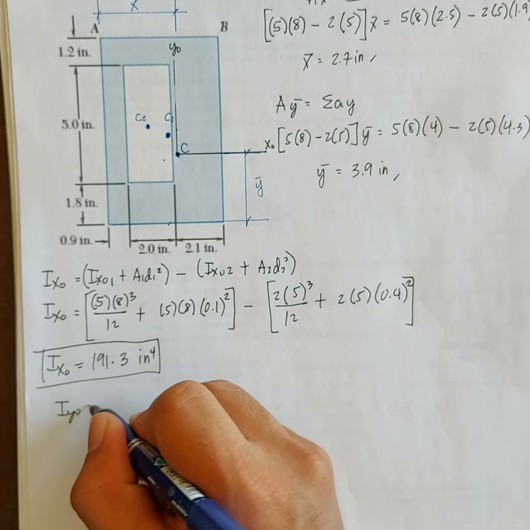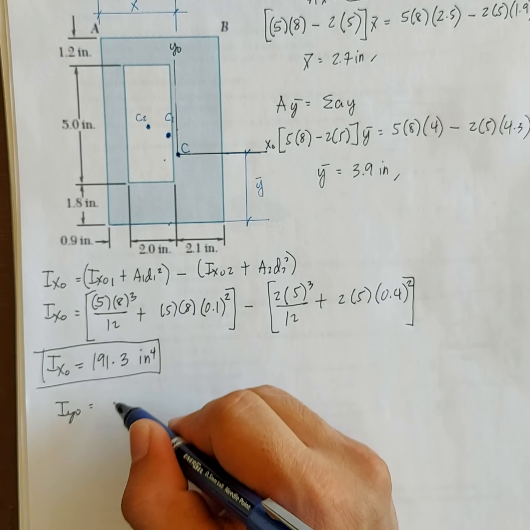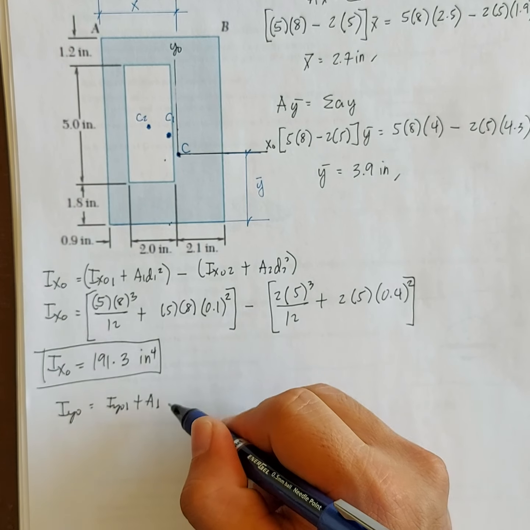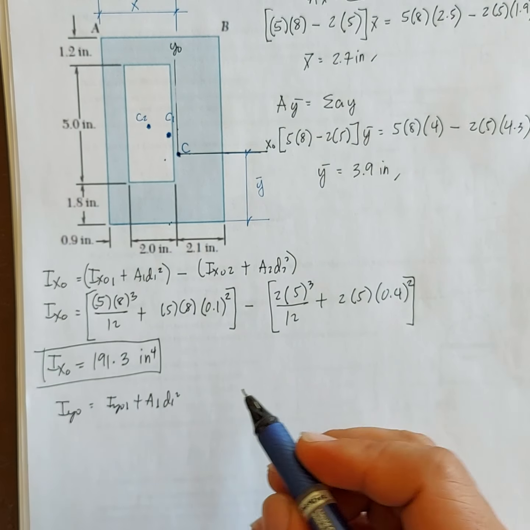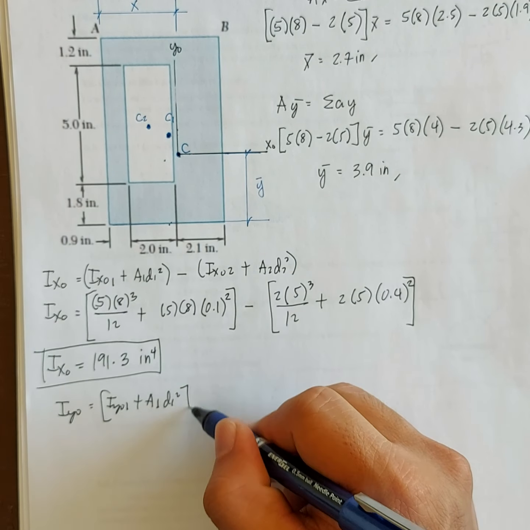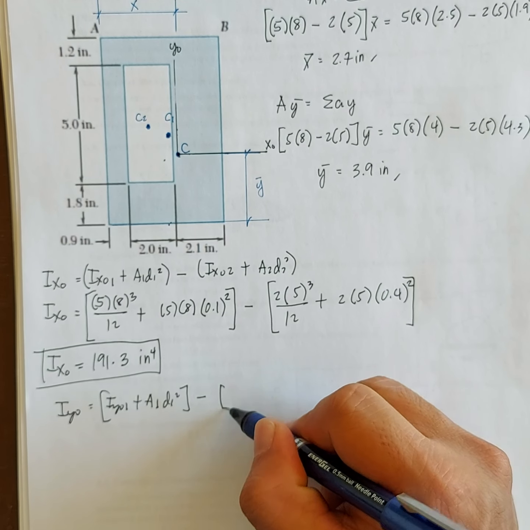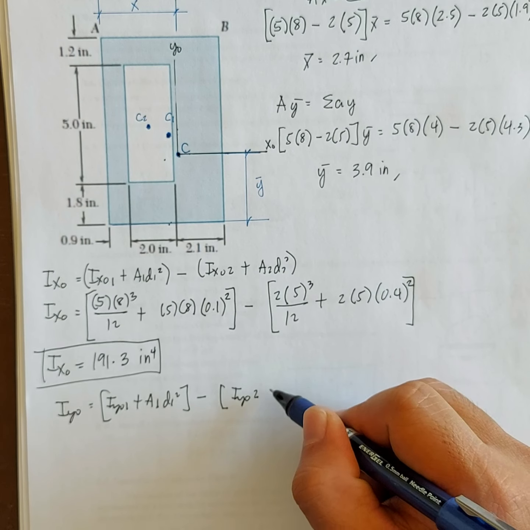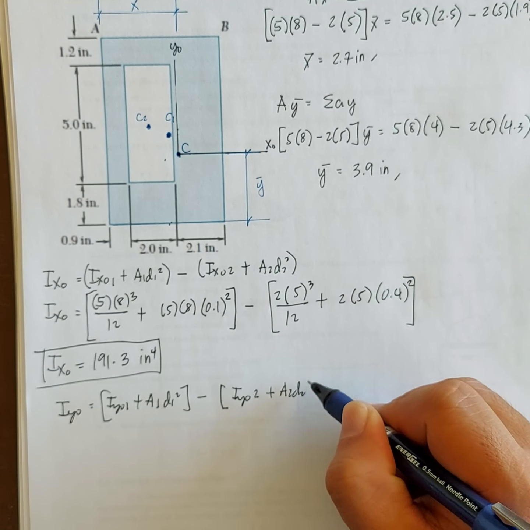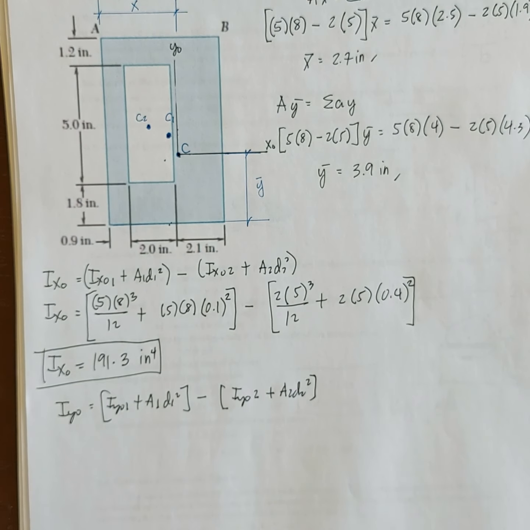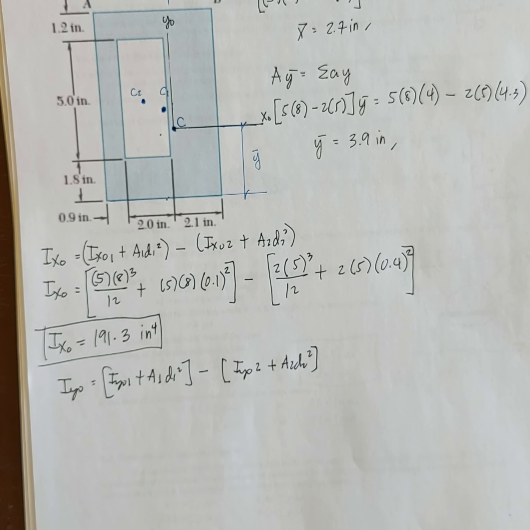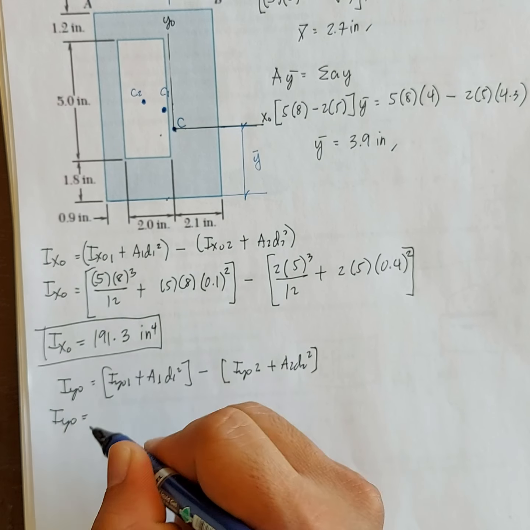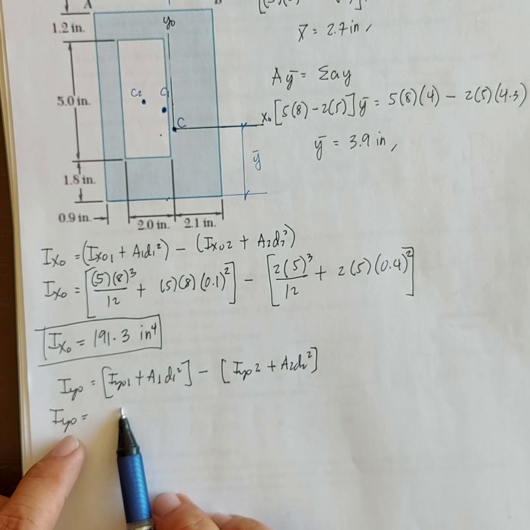So, IYO is equal to IYO1 plus A1 D1 squared minus IYO2 plus A2 D2 squared. Okay. Ayan. So, what is IYO1? Okay.